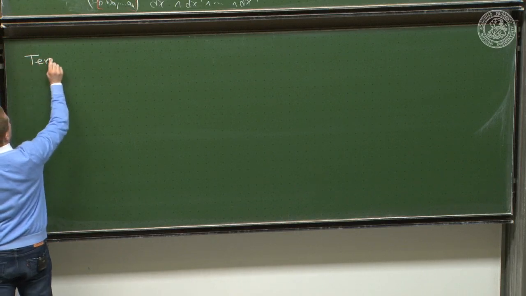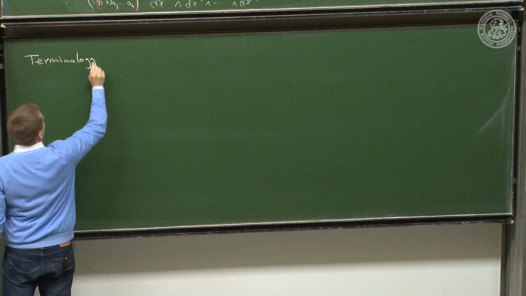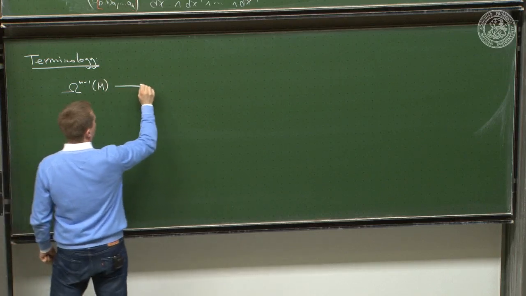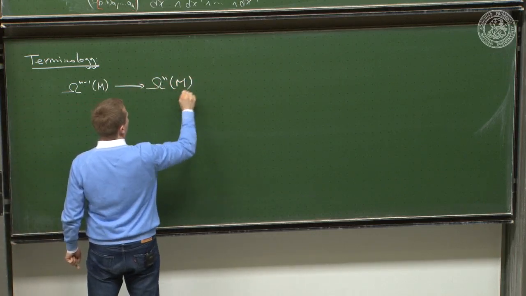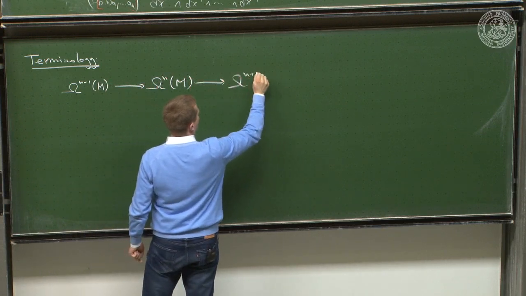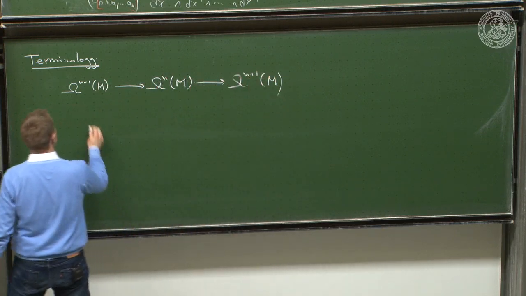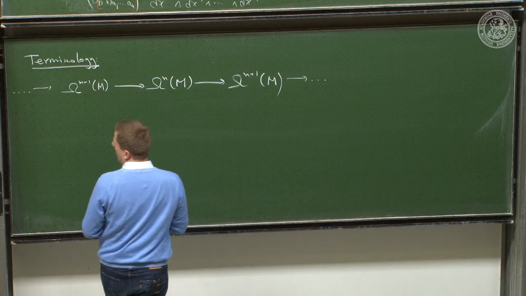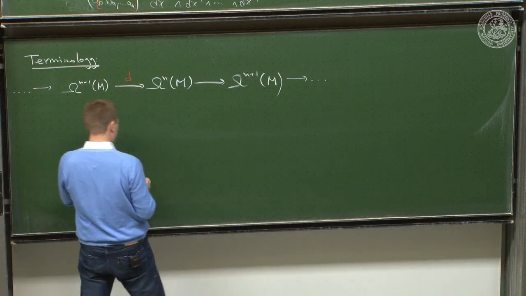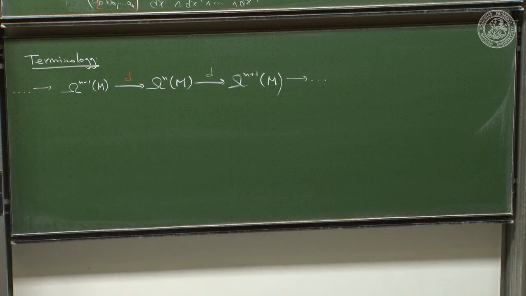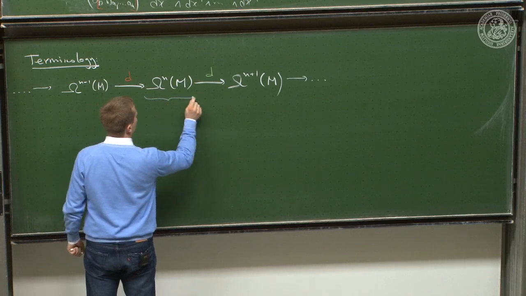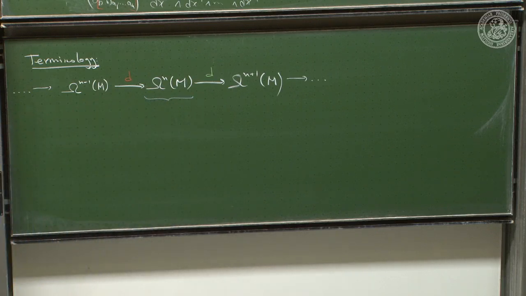Well, it's just terminology. So we look at omega n minus 1 of m. We go to omega n of m. We go to omega n plus 1 of m. So we look at these three spaces as a part of this sequence. And we have the red D here and the green D here. Okay? Now we want to subclassify forms in this space.